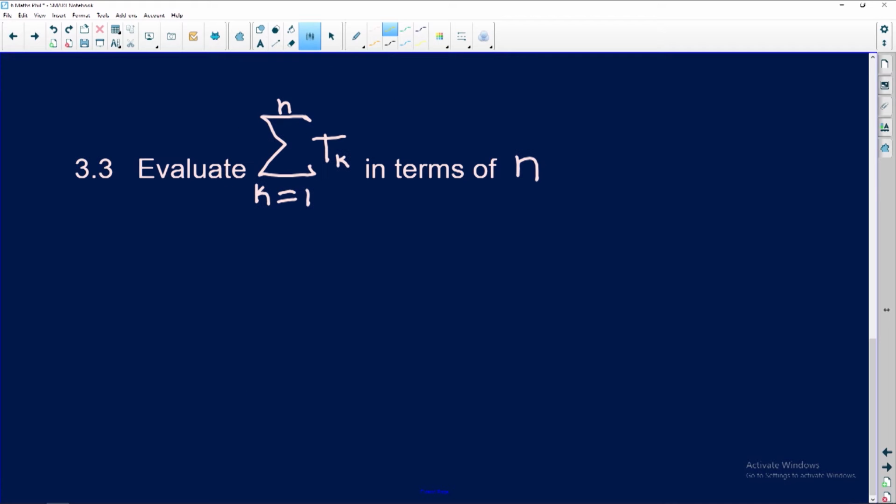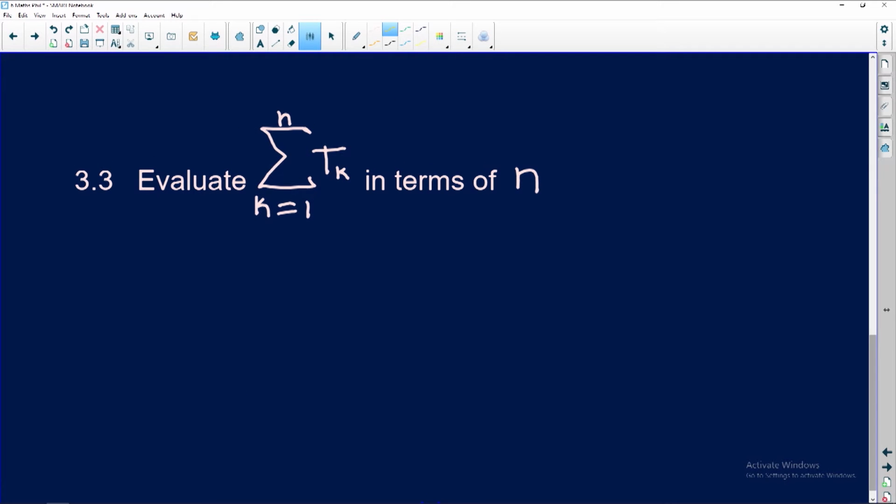Lastly, it says evaluate. This sigma notation, guys, if you don't know, this sigma, that ugly E, means the sum. This is the general term that we are given. Remember, we found it is 3n minus 4. Now we need to find the sum of this formula starting at k equals 1 and going to n.